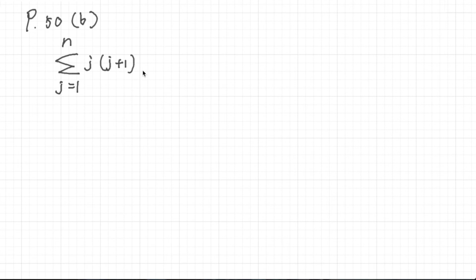In the same case, this equals precisely 1 times 1 plus 1, that's going to be the first term, plus 2 times 2 plus 1. In each case, the j is being replaced by the next term. So then 3 times 3 plus 1. Wait, it's 3 plus 1, right? It is, yes.